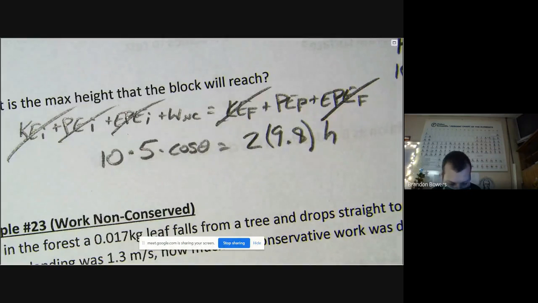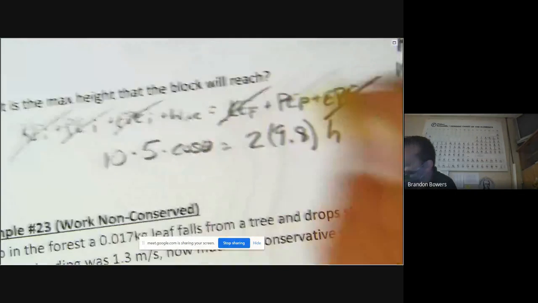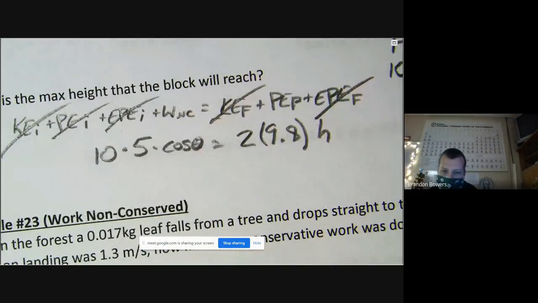That's cosine 0, right? So all we have to do is solve for h.